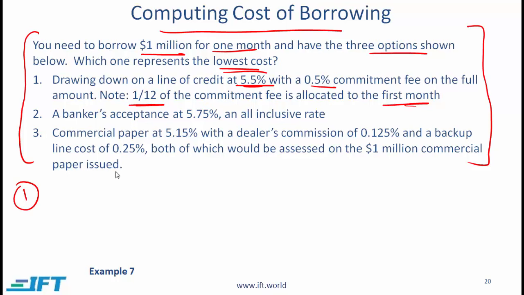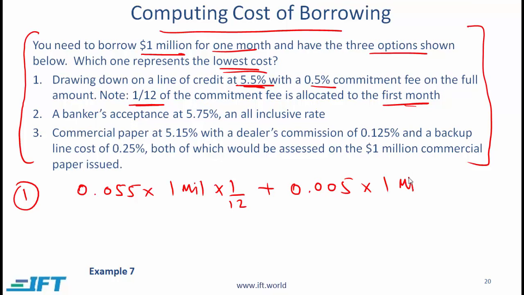Here is what you need to do. Recognize that this is for 1 month and the rate is 5.5%. So you do 0.055 into the 1 million, and then since the borrowing is for 1 month, you multiply by 1/12. Plus you also need to pay the commitment fee of 0.5%. That is 0.005 into 1 million, and we are only taking 1 month's worth.